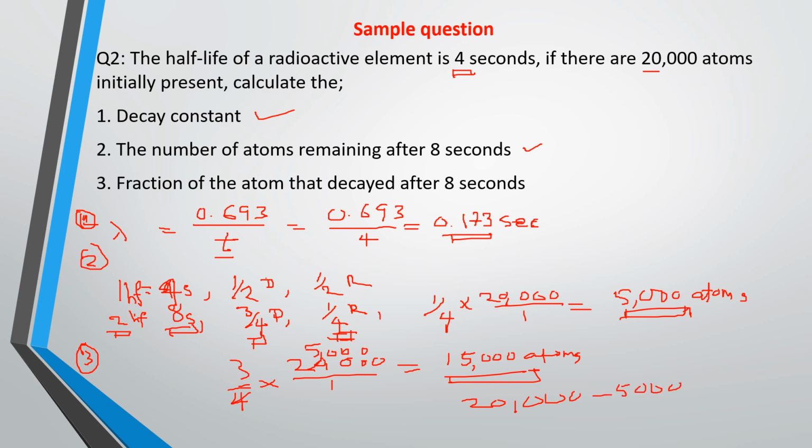So this will give you the amount that has decayed, and that will be 15,000. See, questions on half-life are not really that difficult. I hope this is clear.